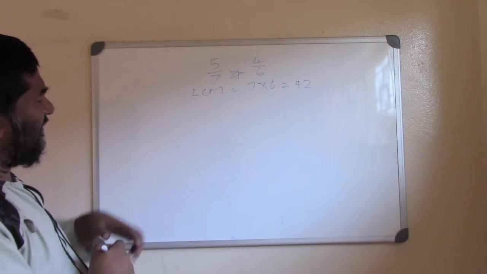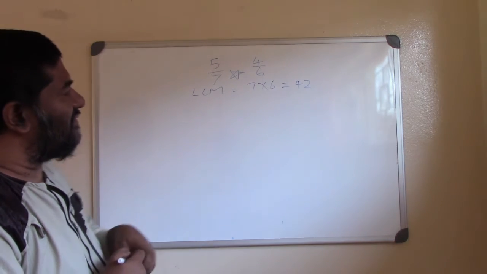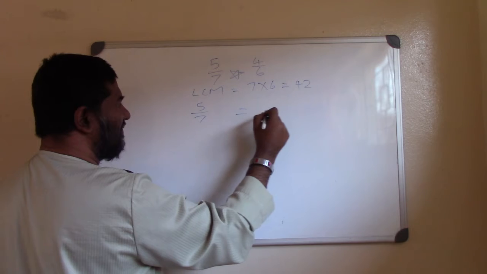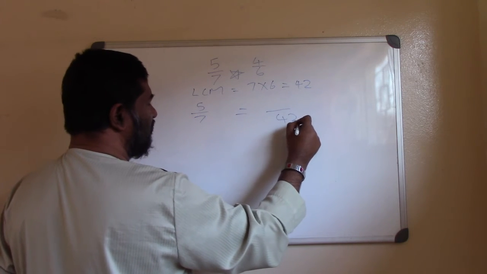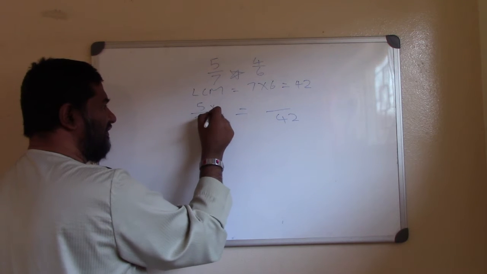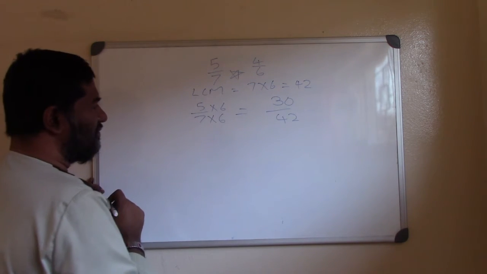Now, I'll have to write both of these fractions as equivalent fractions. So 5 over 7 would equal something over 42. So 7 times 6 gives me 42, so 5 times 6 gives me 30 over 42.